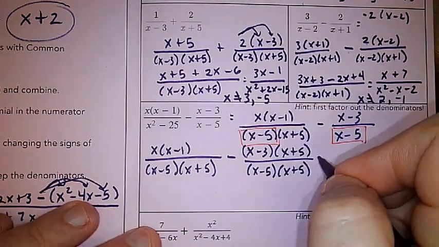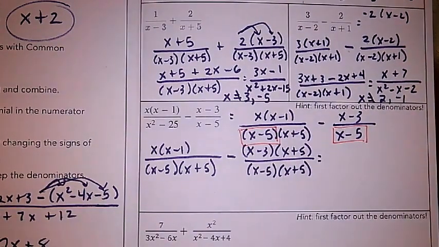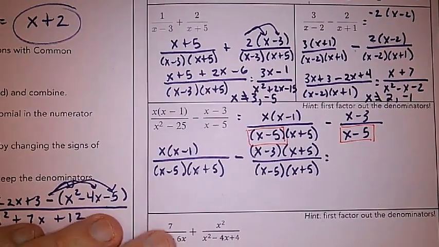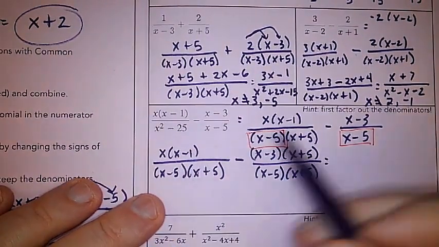So for this problem, because there's a lot going on in both the numerator and the denominator, I'm going to distribute in my numerators as I'm going through the process of doing the subtraction. If you need to distribute first and then subtract, that's what you should do. So I have x squared minus x.